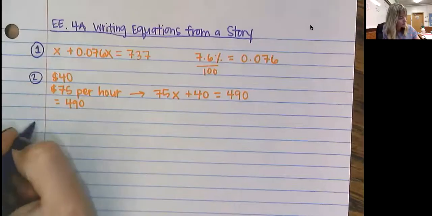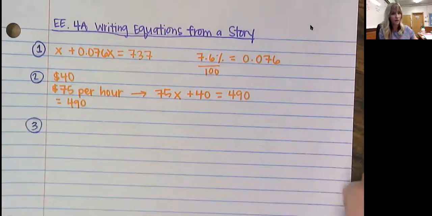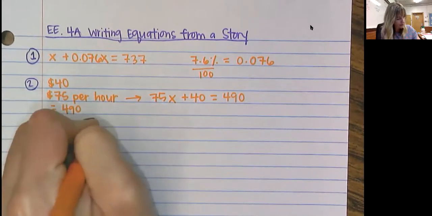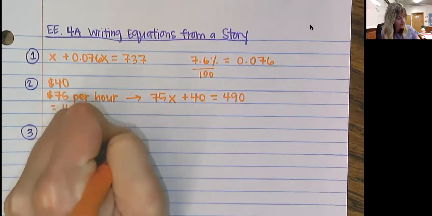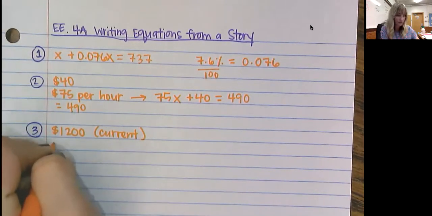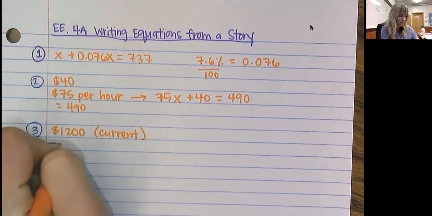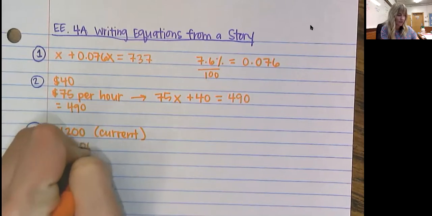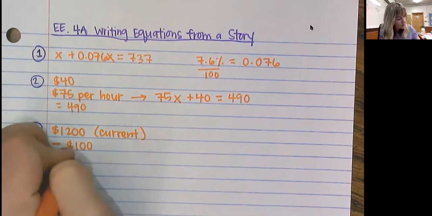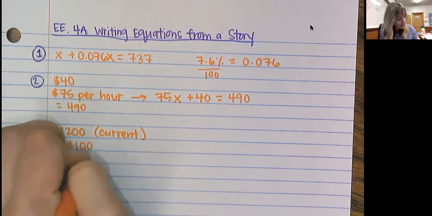So for number 3, here's what they told me. The bank account right now has $1,200. That's the current amount in the account. Every month we take out $100. That's got to be a subtraction or a negative because we're taking out $100. And we want to know, when is it going to get to 400?